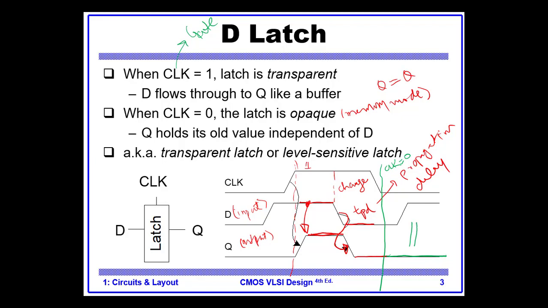Although if you look at the input, it is now 1. So the input is 1, but the output is 0. Why? Because the latch is in memory mode, and it neglects whatever is at the input. So this is the operation of a D latch. Now let's go inside the circuit for a D latch.